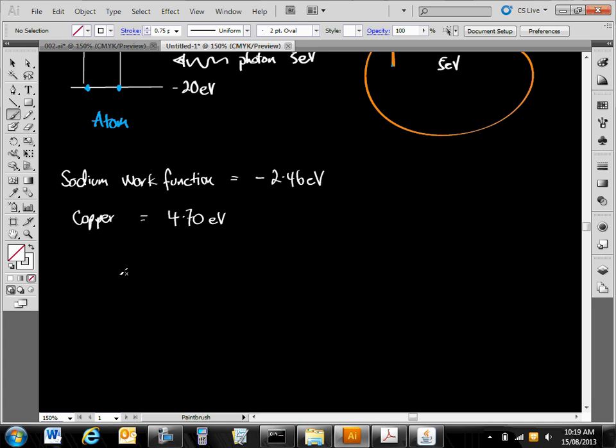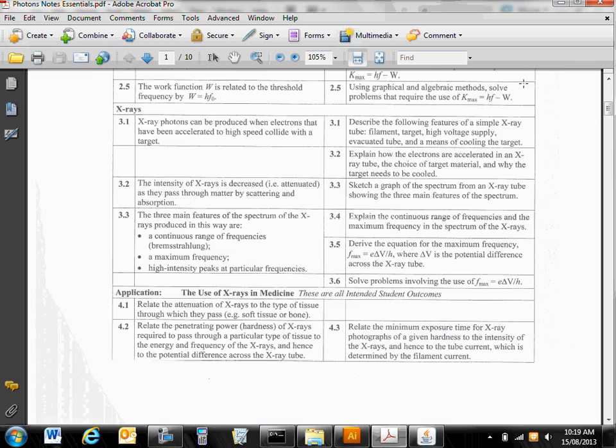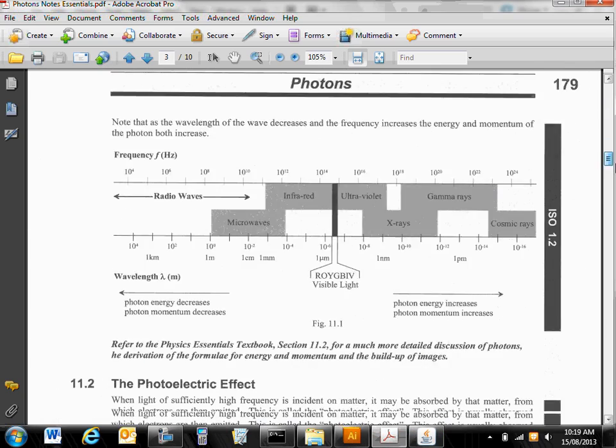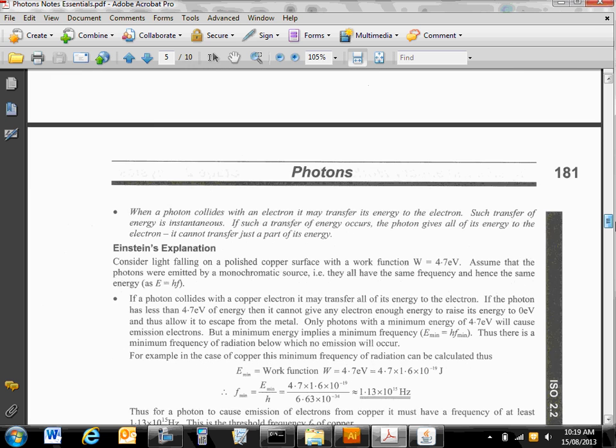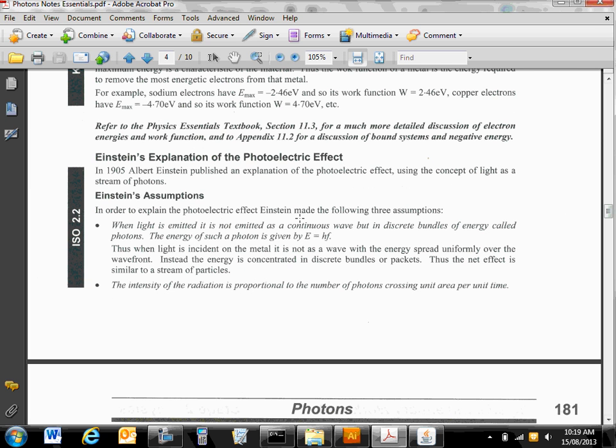We know several things, and I'll just read them out because we have spoken of these before. In 1905, Albert Einstein published an explanation of the photoelectric effect using a concept of light as a stream of photons or packets of energy.